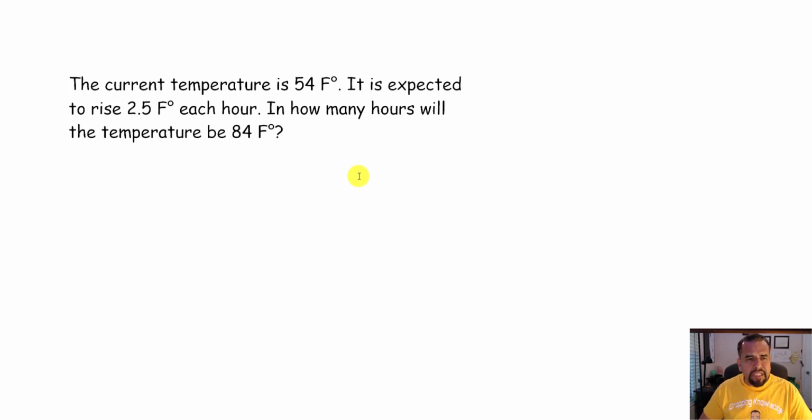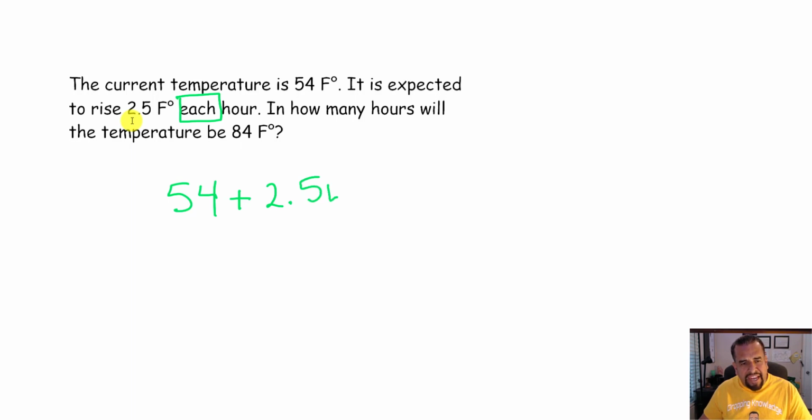Here we go. The current temperature is 54 degrees. And it's expected to rise 2.5 degrees each hour. Notice that key word there: each. Since that's going to be changing, I need a variable on that number, 2.5. So if I take 54, and since this is expected to rise, that's addition. Each hour, so that's 2.5.